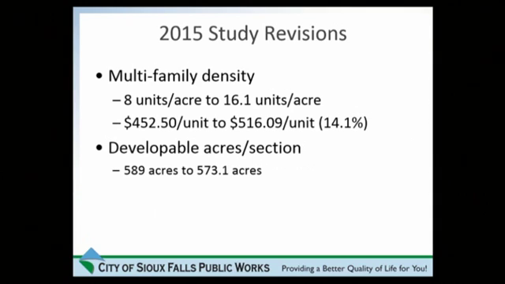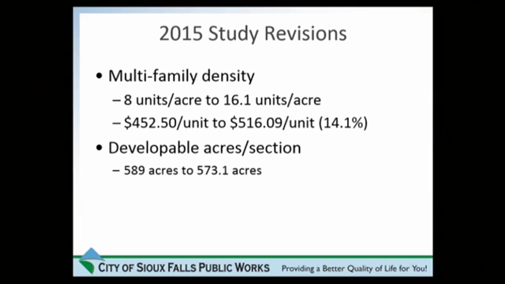Okay, two big items that are changes from the 2008 study. The first is the density of multifamily housing. The 2008 study used 8 units per acre. The 2015 study uses 16.1 units per acre. The number used in 2008 was a number that we used.